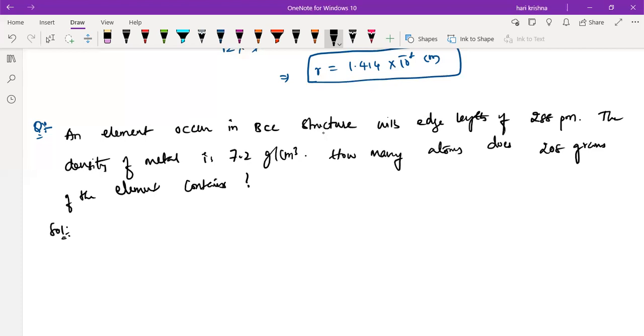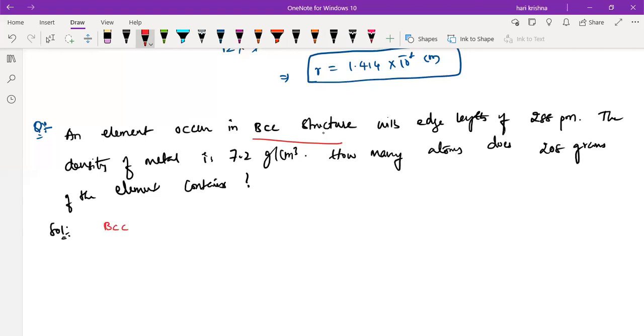Any idea how to solve this type of problems? Or can I explain? See here, what they said: an element occurs in BCC structure.